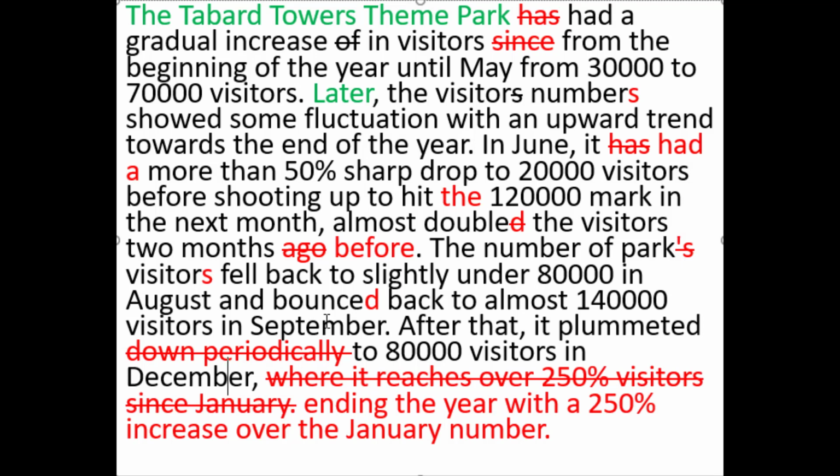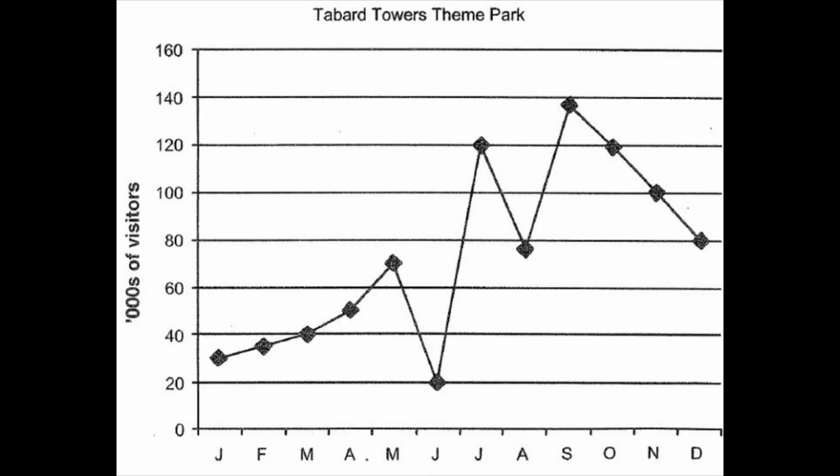So they're saying between September and December, there were periodical falls. But if I look at this from September to December, it's not periodical, because periodical would be like now and again, not always. But if I look at this, there is a decline in every month. So periodical is not the right word to be using here.